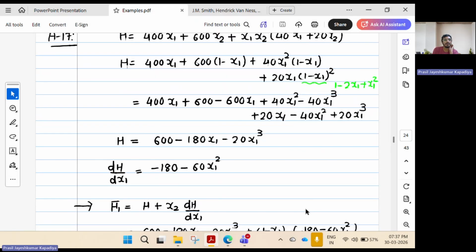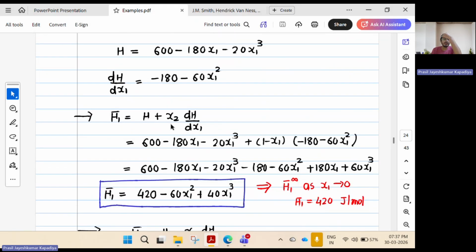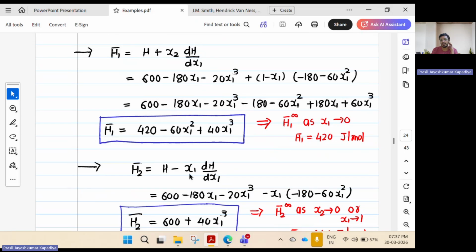So we have enthalpy H as 600, and if I sum everything up, I am left with 600 minus 180 x1 minus 20 x1 cube. Now if I differentiate this equation with respect to x1, what is H1 bar? The partial molar enthalpy H1 bar is given as H1 bar is equal to H plus x2 dH dx1, and H2 bar is equal to H minus x1 dH dx1.